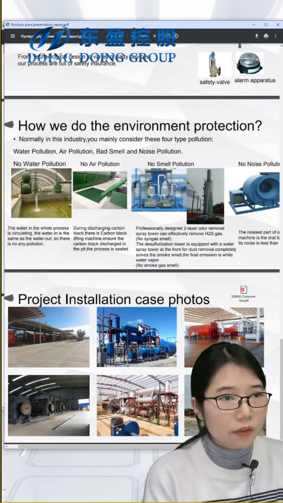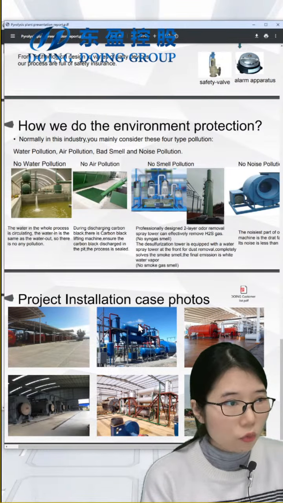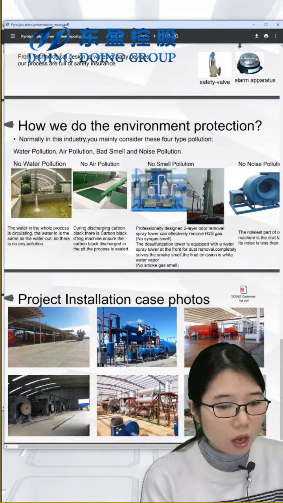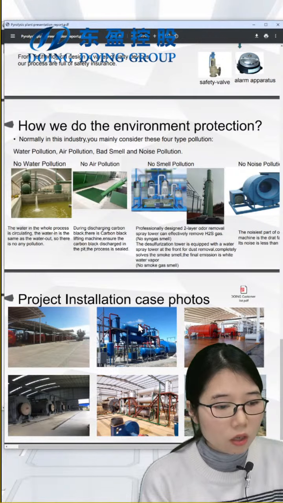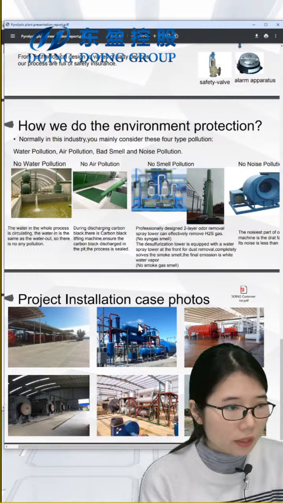And how we do the environmental protection, this is also the question most people care about. For our pyrolysis machine, we use recycling water for cooling, so there's no water pollution, because the water in the whole process is circulating.